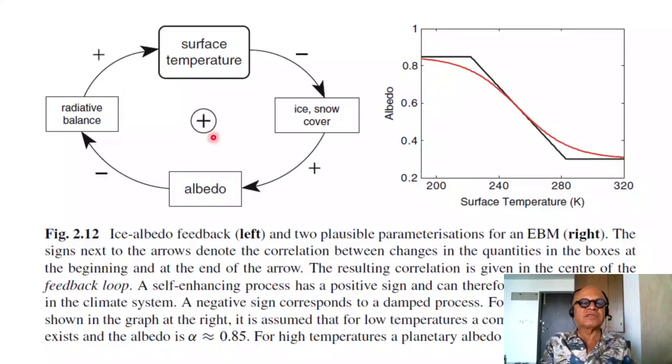We already talked that this is a positive feedback, because if surface temperatures increase for some reason, ice and snow cover decrease, so that's a negative link. Ice and snow cover decrease leads to reduced albedo, so that's a positive link. Reduced albedo leads to more absorption of energy, so negative radiation balance, so that's a negative link, and that leads to warmer temperatures.